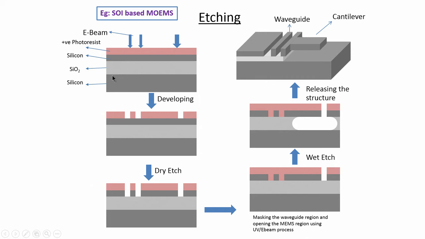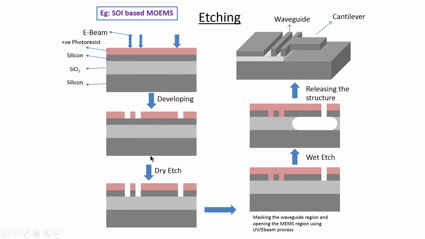The wafers are available in this configuration, the SOI configuration, silicon on insulator, where the substrate is silicon. Then you pattern it using a lithography process. Start with the positive photoresist, using an electron beam to create patterns in this, and after development you retain the photoresist only in the unwanted regions, with openings in the regions where you would like to etch.